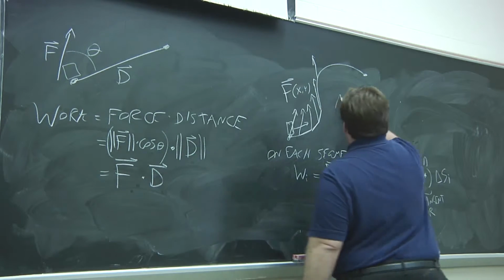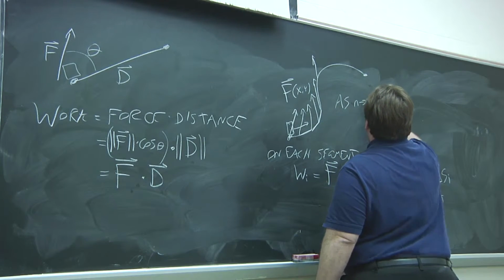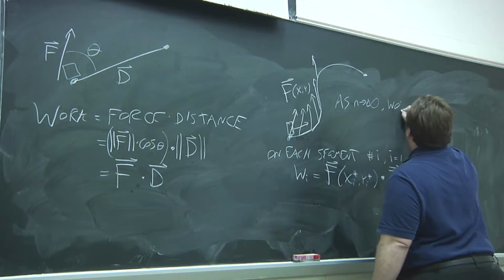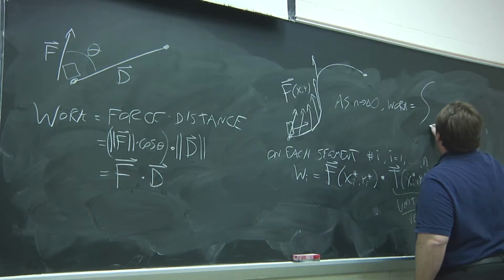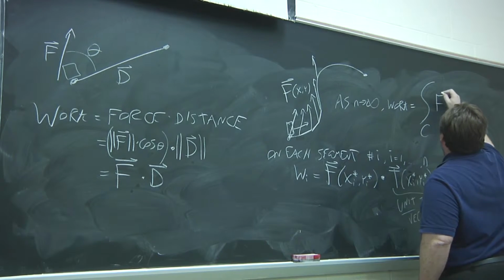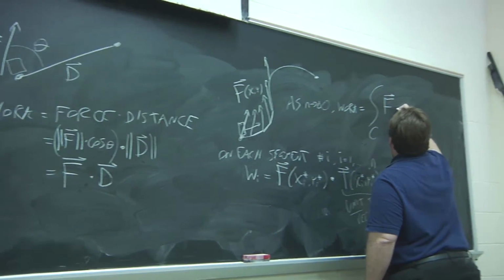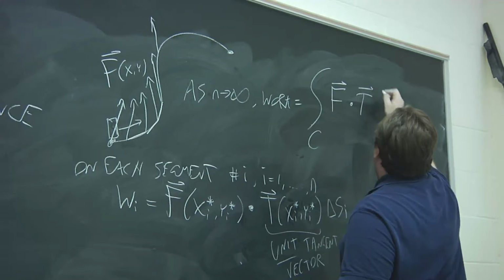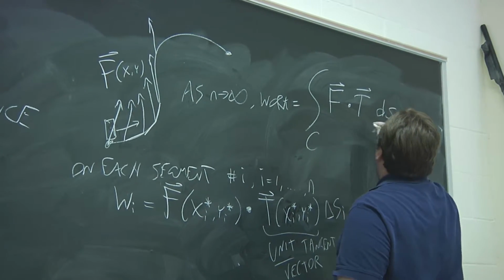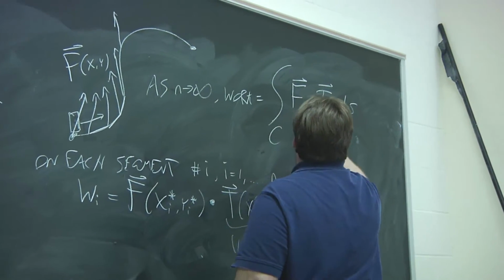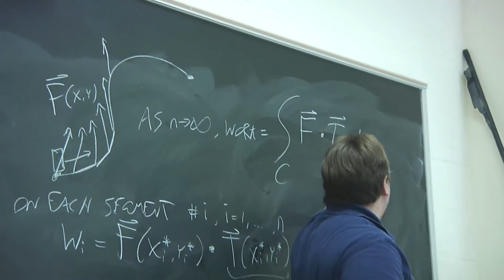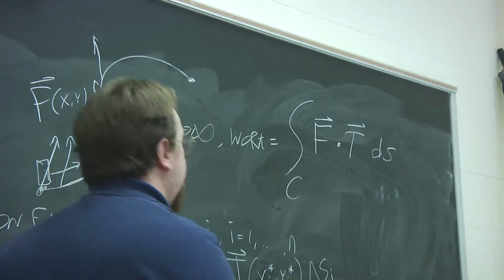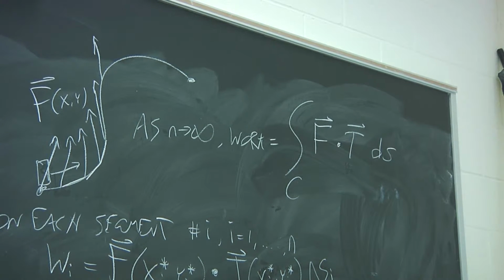What we get for the work is written this way, the integral of F dot T ds, where T is again the unit tangent vector, and we're integrating with respect to arc length. So ds conveys the length of an infinitesimally small segment of the curve.